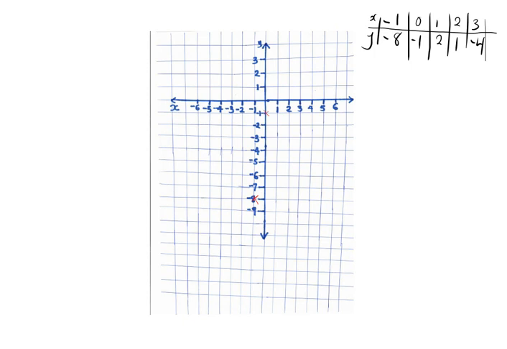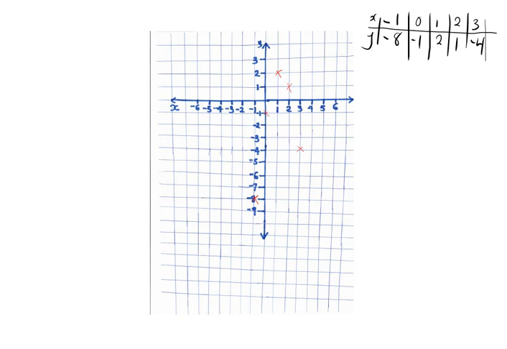We have a point there. x 1 when y is 2. So another point over there. 2 for x and 1 for y over there. And lastly, x is 3 when y is negative 4.